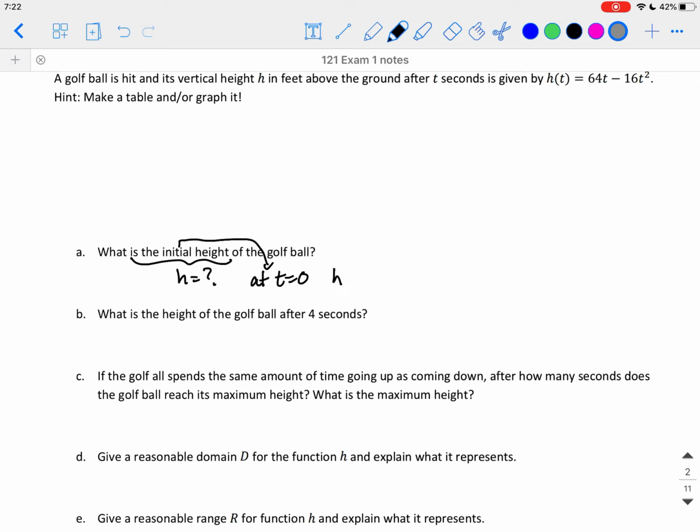Wherever I see a t in the equation, I'm going to put a 0. So h of 0 is equal to 64 times 0 minus 16 times 0 squared. And again, here's my t, and there's a t, and there's a t, and wherever I see a t, I put 0. And yeah, we do get that our answer is 0 feet.